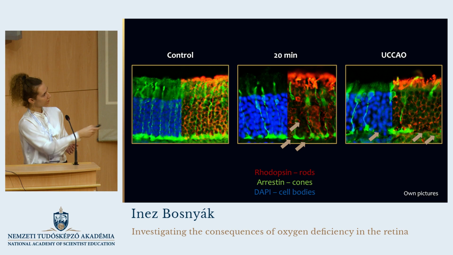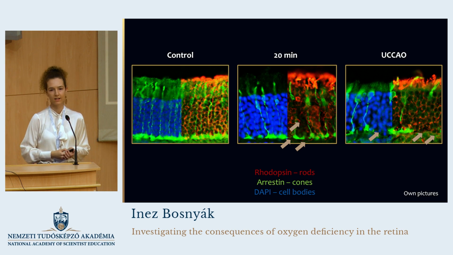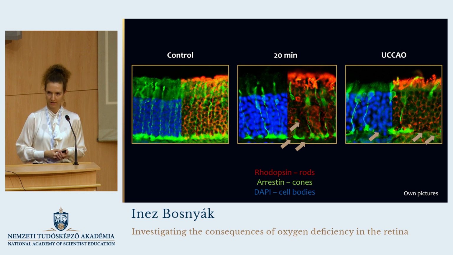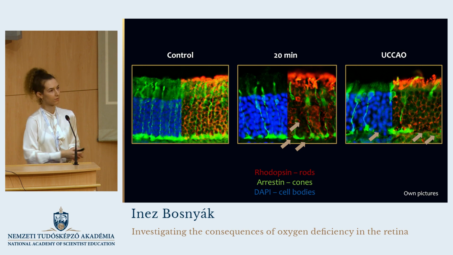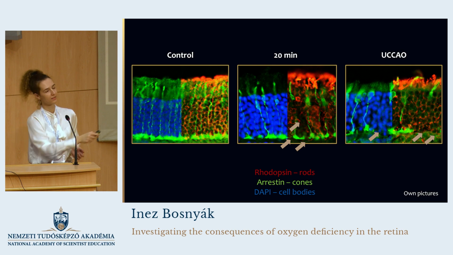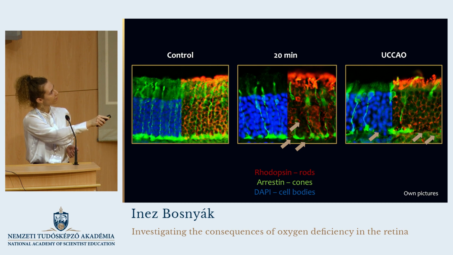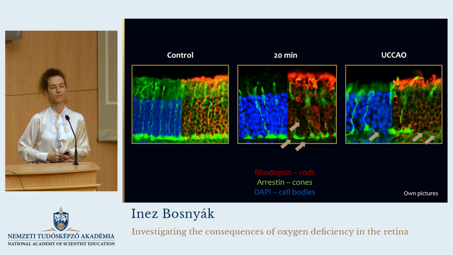Besides this, we were curious about, for example, the photoreceptor damage as well. So immunohistochemical analyses were also performed. The first picture is the control group, then 20 minutes BCCAO, then UCCAO group. The green color shows the cones along the whole picture, while the red color shows the rods, and you can see all cell bodies with the blue color.